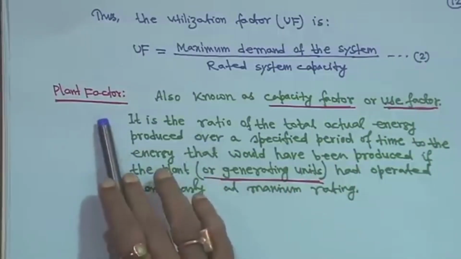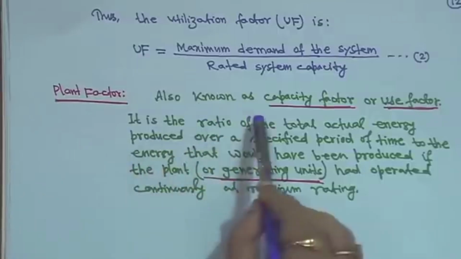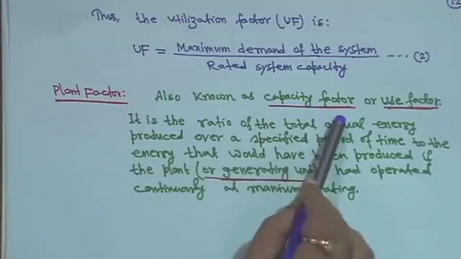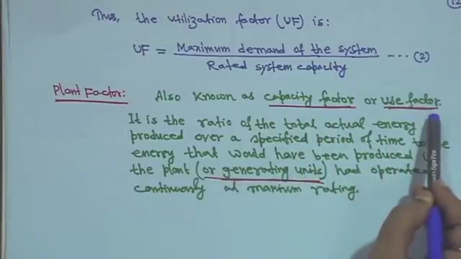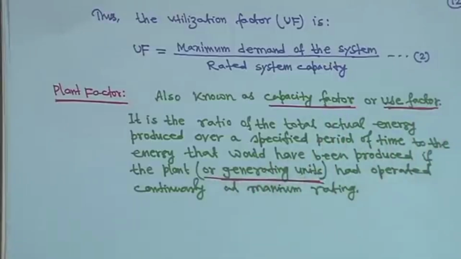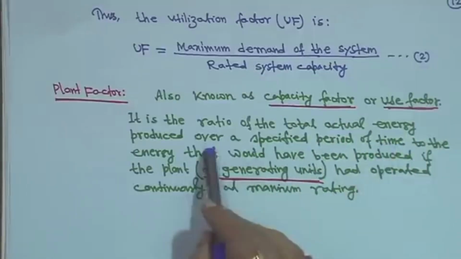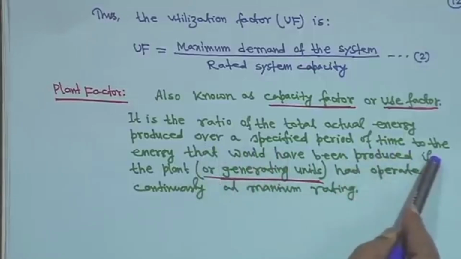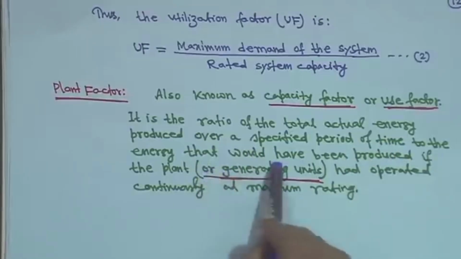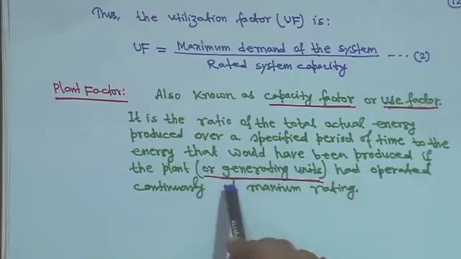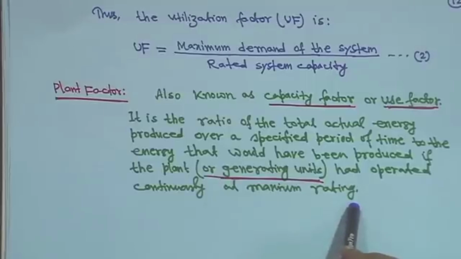And the next one is plant factor. Sometimes this plant factor is also known as capacity factor or use factor. It is the ratio of the total actual energy produced over a specified period of time to the energy that would have been produced if the plant or generating units had operated continuously at maximum rating. This terminology is particularly true for a generating station.